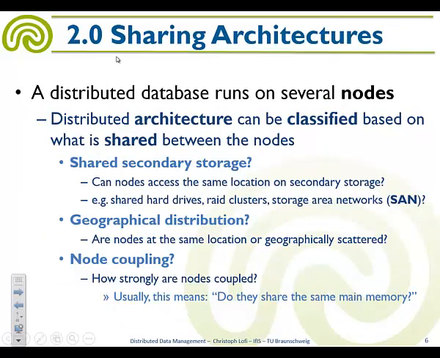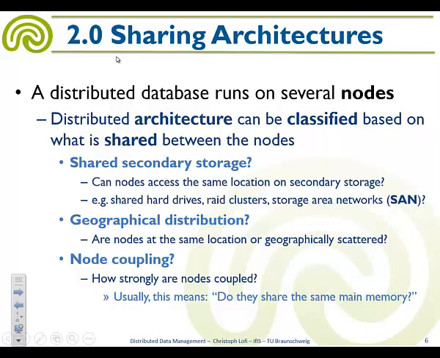Good. Anyway, so what is the overall setting? The overall setting is we have a distributed database of, well, any design, which runs on several nodes. And now we can classify the designs of our database based on how these nodes can cooperate and can communicate with each other. And basically, what is interesting to us right now is if they share any storage. Might it be main memory or might it be secondary storage?